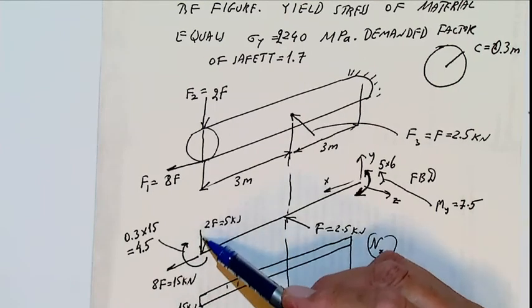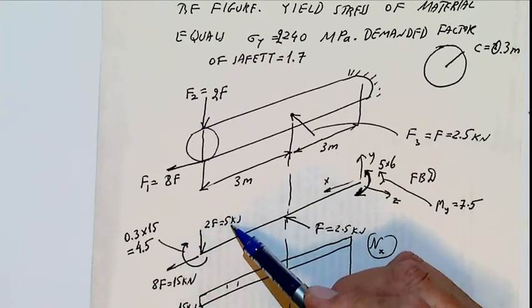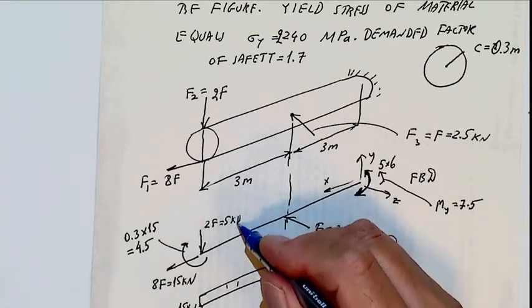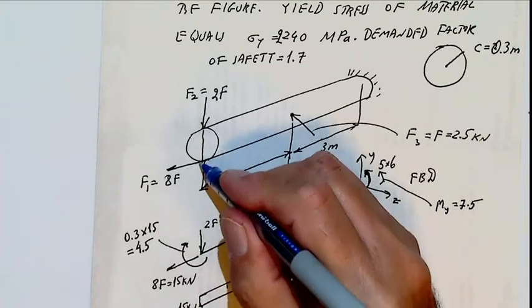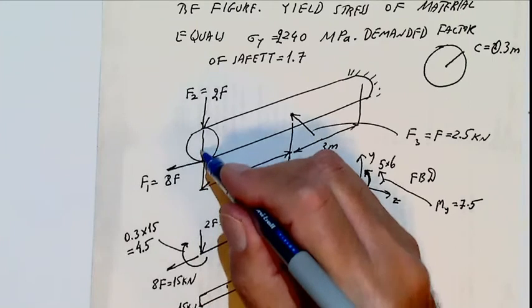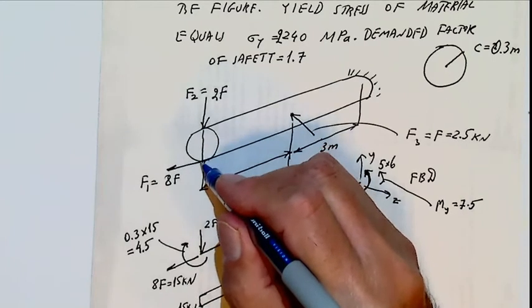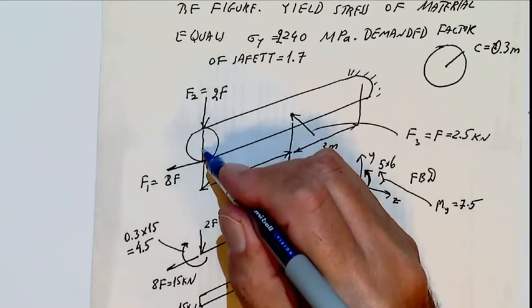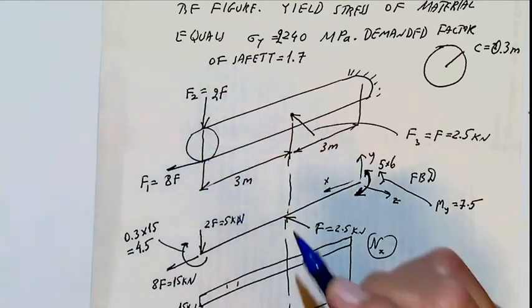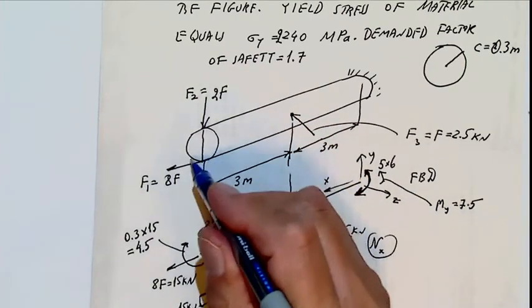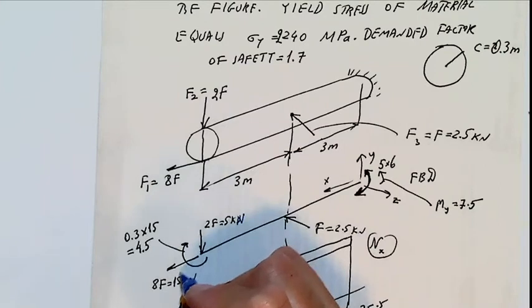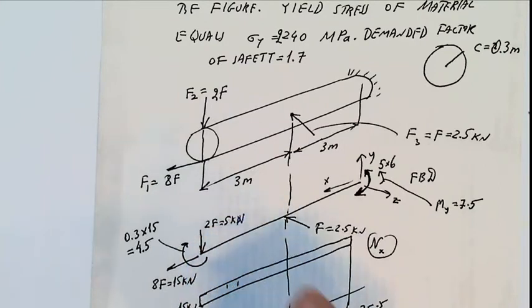So there is this load 2F, which equals 5 kilonewtons. Now, with respect to the z-axis, this load yields a moment. There is also an axial force, 8F, which is 15 kilonewtons.